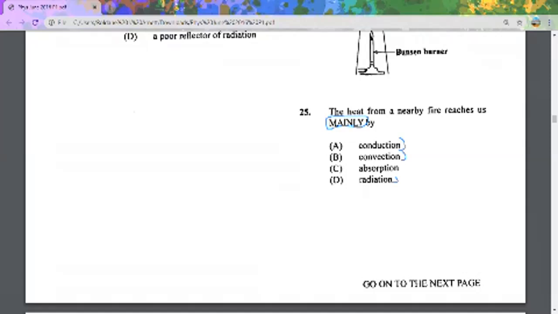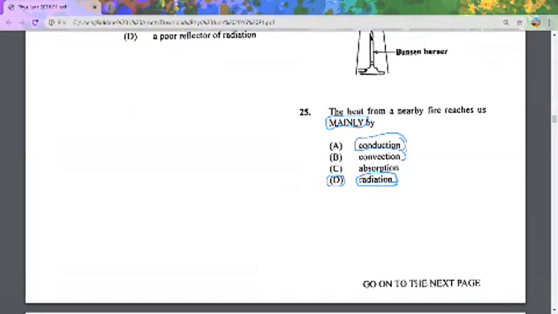However, radiation would be the answer because it is where the greatest amount of heat is transferred to us. Convection, a little. Conduction, how would the conduction come into play? Unless you're holding on to a metal or something that's in the fire.